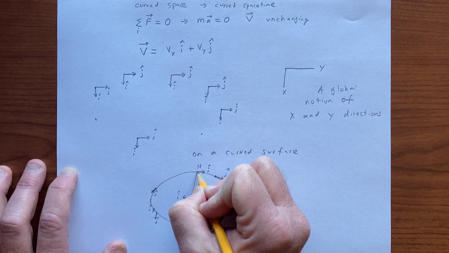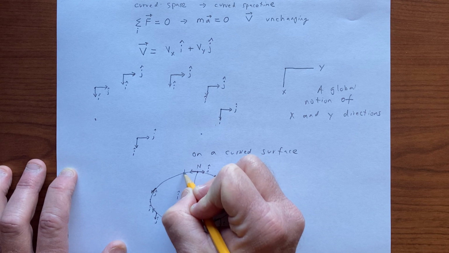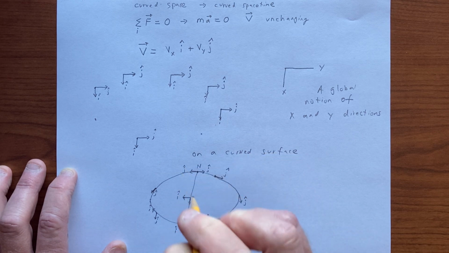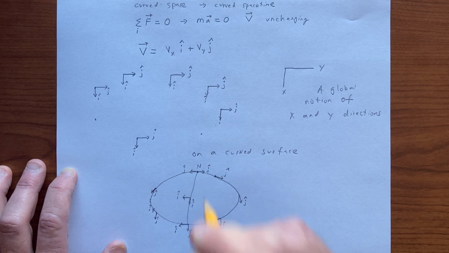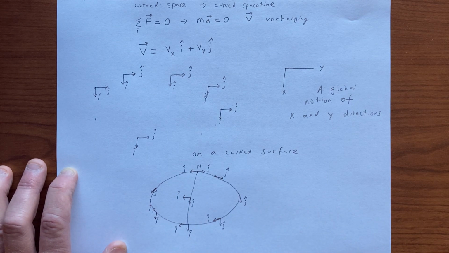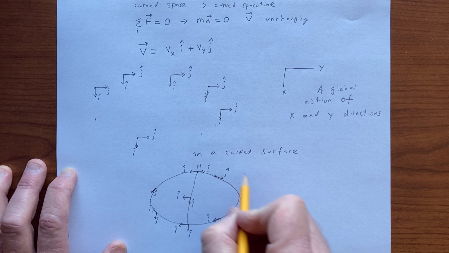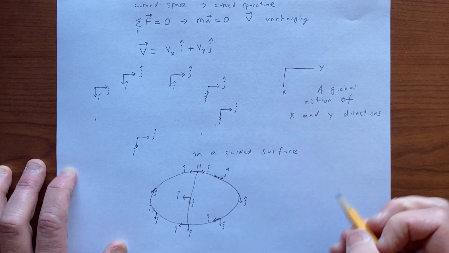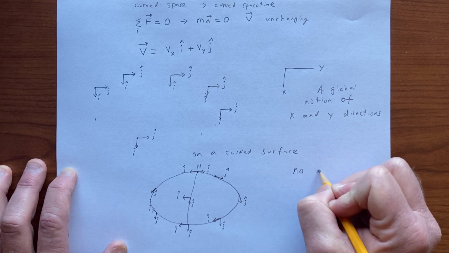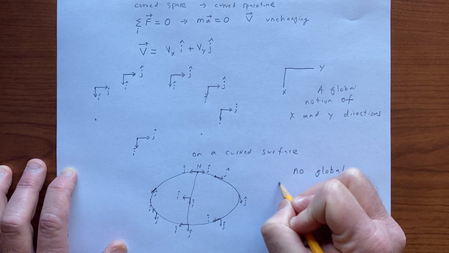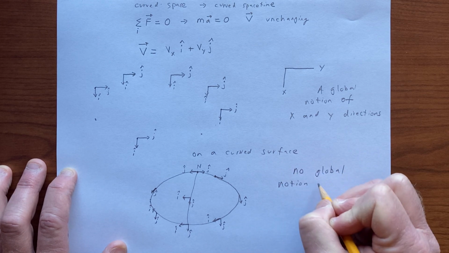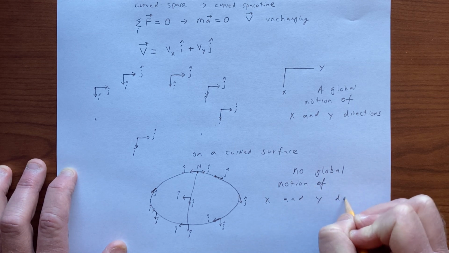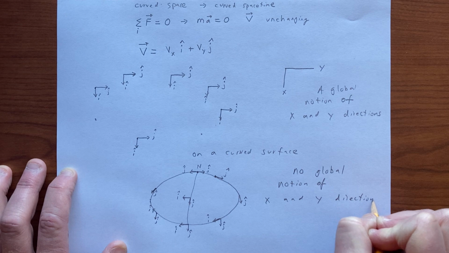And so when I get here, my J hat will be rotated 180 degrees, and so is my I hat, because now the I hat is into the page. So it depends on the path that you're following. There is no global notion of the X and Y directions.